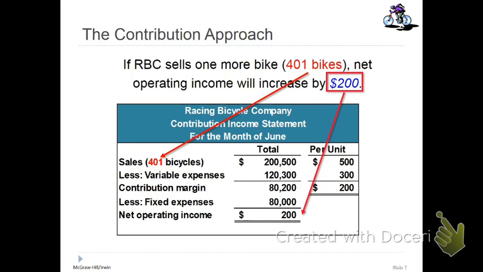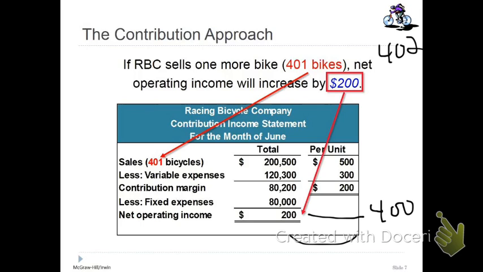Notice what happens if they sell 401 bikes. Net operating income increases by $200. Now, a quick note here to show you how volatile a company's net income is. Suppose they sold 402 bikes. Their net income would go up to $400.